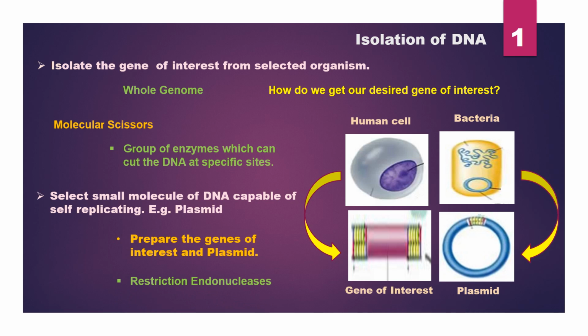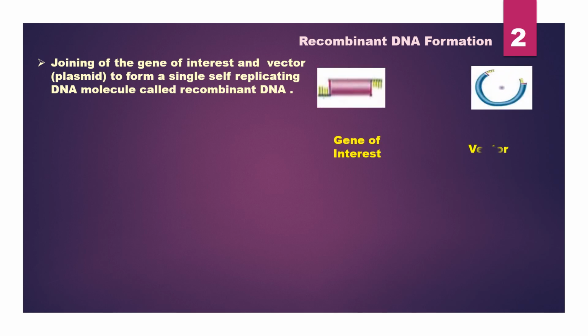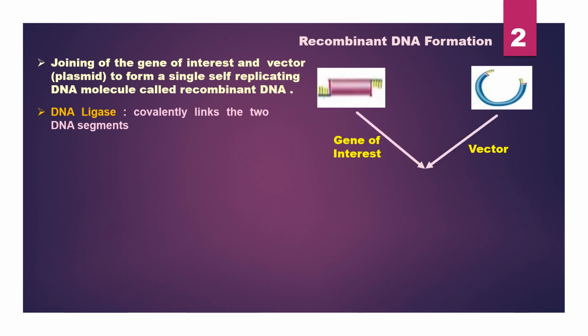Once our gene of interest and the vector are ready, the next step is recombinant DNA formation, in which the gene of interest and the vector are joined to form a single self-replicating DNA molecule, and this is known as the recombinant DNA. The enzyme DNA ligase covalently ligates the two DNA segments and joins them.